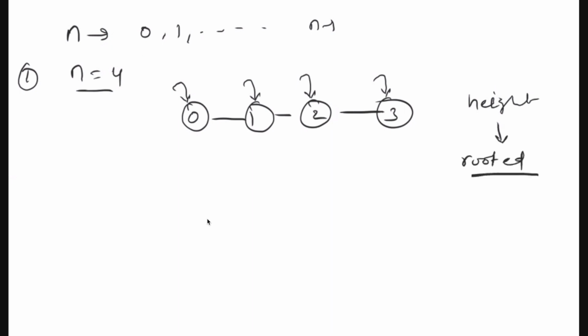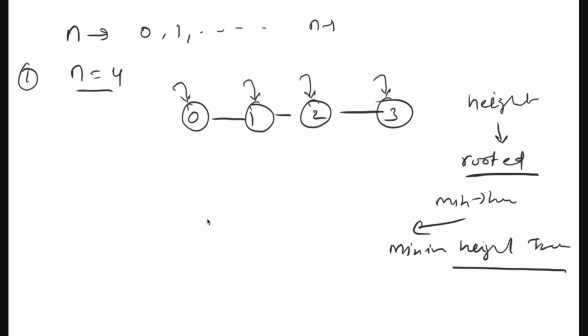And among all those rooted trees, the tree which gives me the minimum height is the minimum height tree. So as an answer, I have to return the root labels of those minimum height trees.